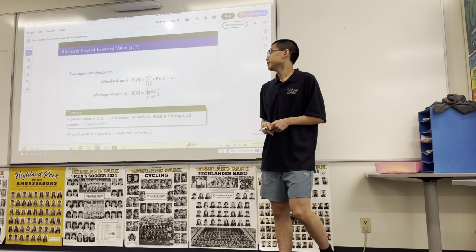So a permutation of 1 through n is chosen at random. What's the expected number of fixed points? So let's say n equals 5. A permutation is any rearrangement of the numbers 1, 2, 3, 4, 5 in a random order. So one possible permutation might be like this.